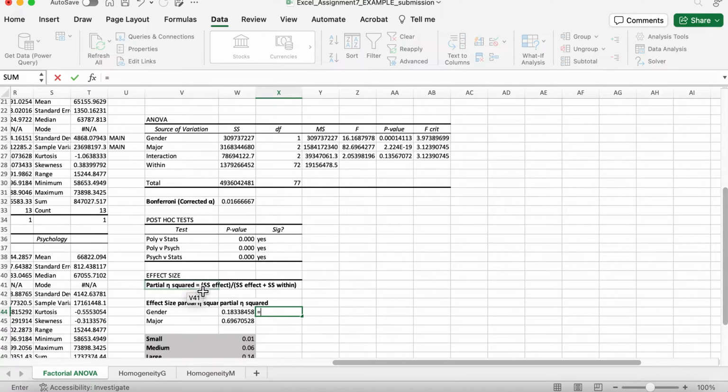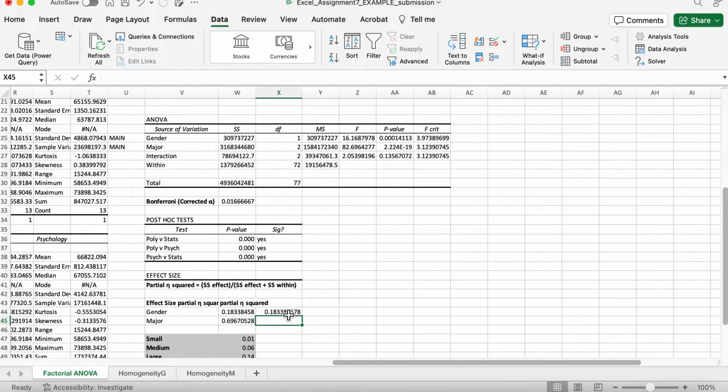So here is the formula. I'm just going to leave that in your file. So you have the effect, sum of squares. This is your ANOVA table. Sum of squares for gender. And then you're going to divide that by the quantity of the sum of squares of gender plus the sum of squares within.